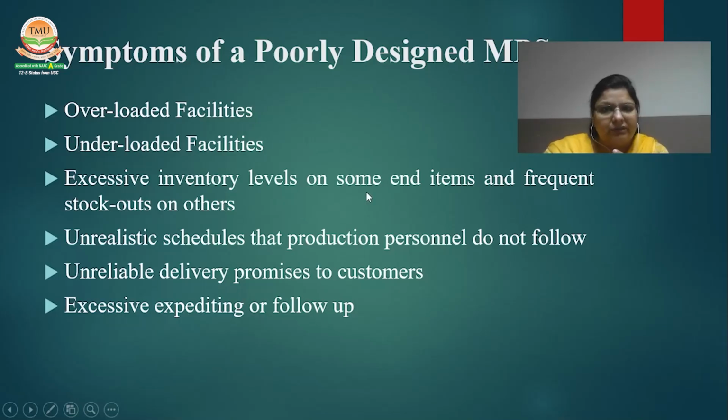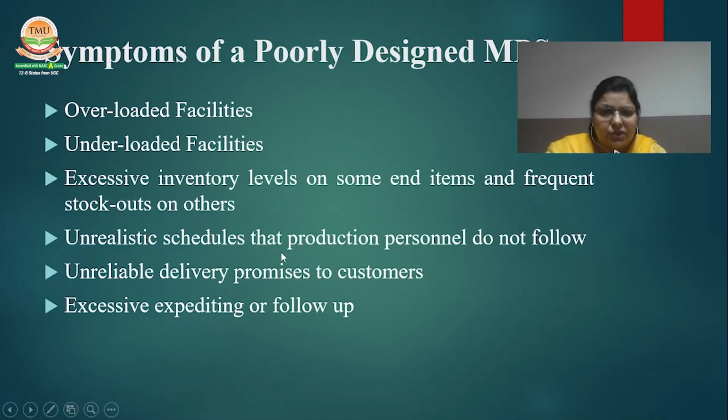Next is underloaded facilities. If our capacity is 1000 units, but you are underloaded and producing only 500 or 600 units, that means it is an underloaded facility. Next is excessive inventory levels and some end items or frequent stockouts. It means you have too much inventory, or some of the products and raw materials are being wasted, or there are discrepancies and stolen items. So these are poor symptoms of your master production schedule.